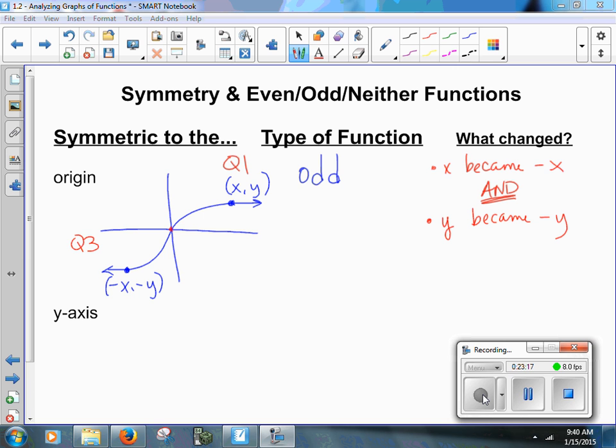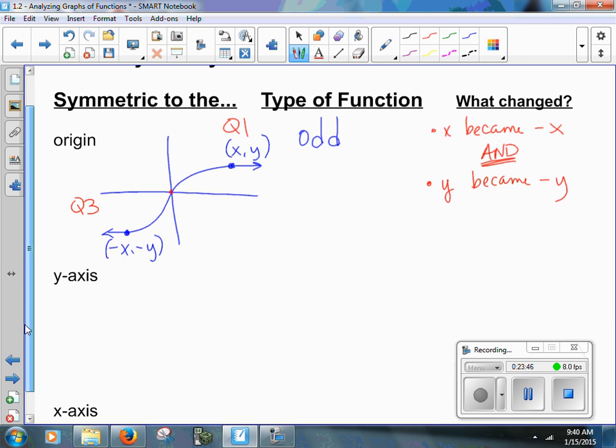Notice that they're in kind of opposite corners of the coordinate plane. So would it also stand that if the function was in the second quadrant, where would the rest of it be if it were symmetric to the origin? It'd be in the fourth because they need to be in opposite corners. Does that make sense? Okay, they have to be in the opposites.